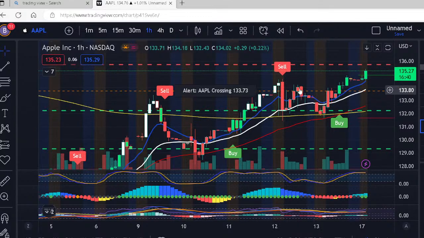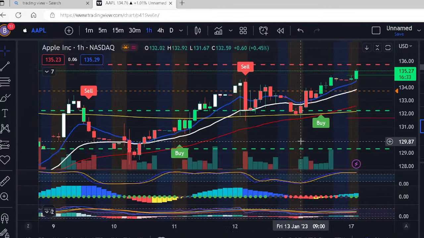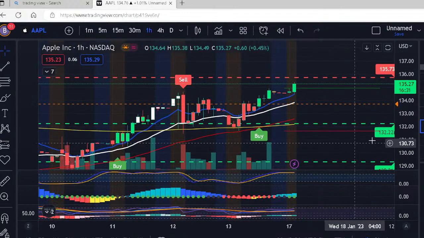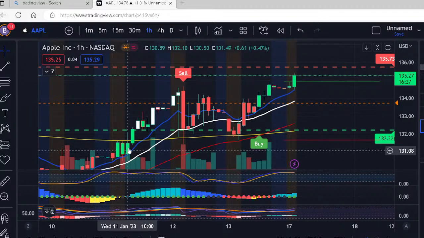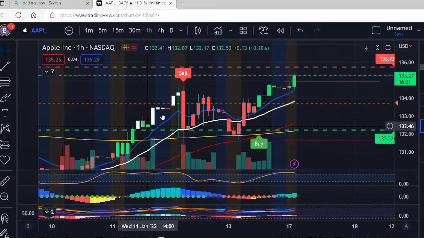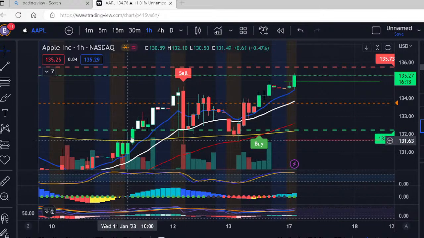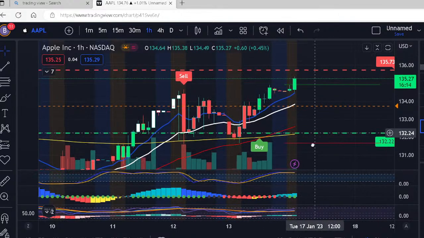It had a nice little pump, got rejected, tested it again, and made it support for the next leg up. You always want to look for stuff like that on the later time frames. Even in the shorter time frames, if it breaks a big level like the 200 EMA, you want to see it come back and test it and make it support. Just because it breaks through it doesn't mean it's support. It could have a nice little run like this and then just die. So just keep that in mind.